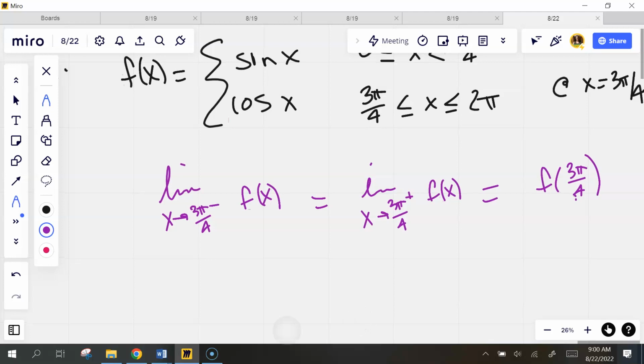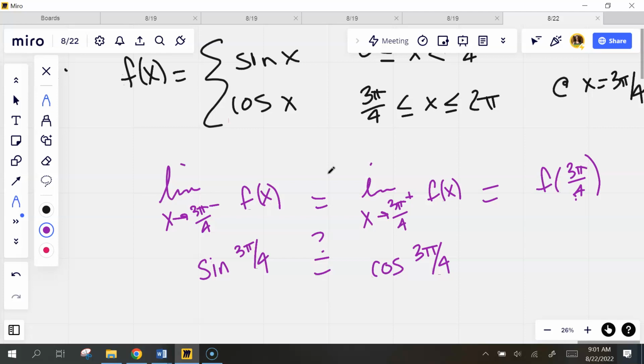All right, left is going to be sine, right? So the sine of 3 pi over 4, is that the same thing as the cosine of 3 pi over 4? Where's 3 pi over 4 on your handy dandy yellow circle? Quadrant 2, right? Quadrant 2 has opposite signs.